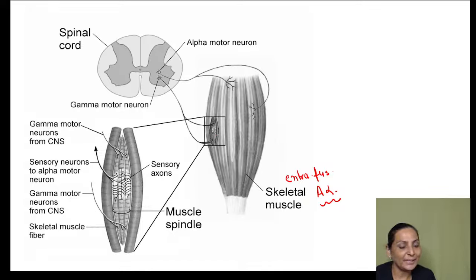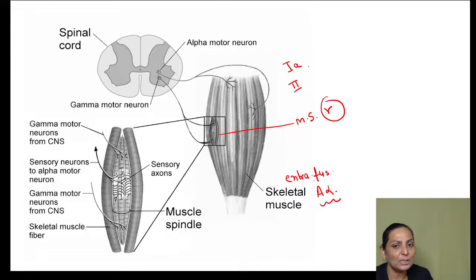Inside this you have intrafusal muscle fiber, which is your muscle spindle, supplied by gamma motor neurons, and this is the stretch sensitive receptor. It has sensory afferents 1A and 2, and 1A is responsible for your stretch reflex.